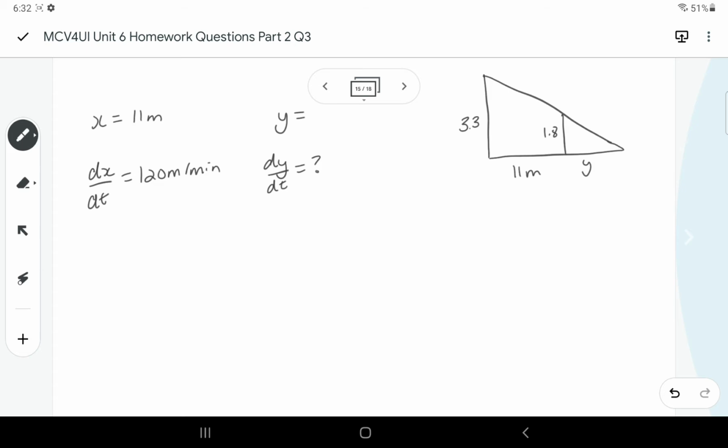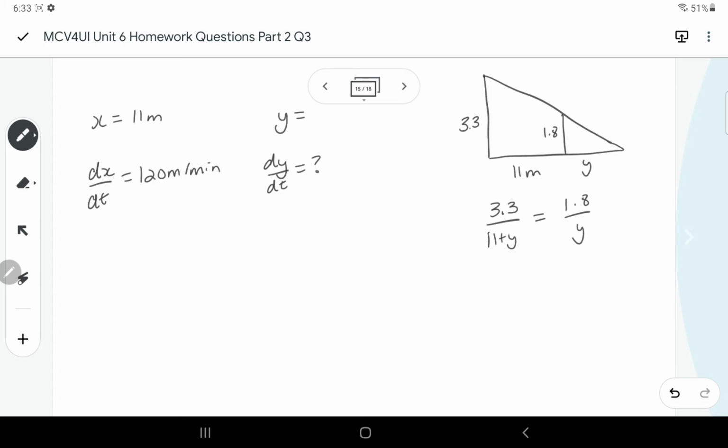So we can figure that out. How long will his shadow be at that time, which we might need. I think we might. So I'm going to say that 3.3 over 11 plus y equals 1.8 over y. Looking again at those similar triangles, the big triangle on the outside and the smaller triangle inside.